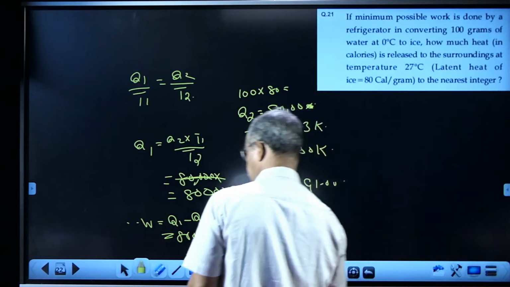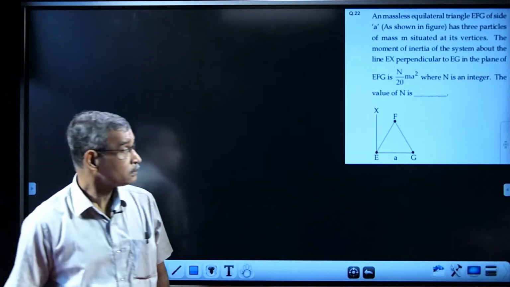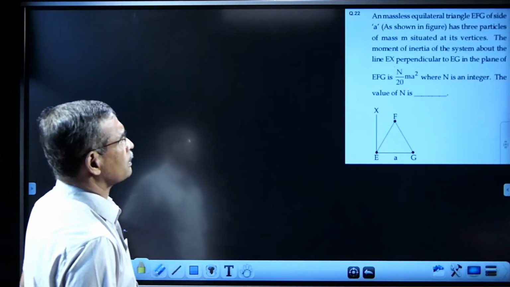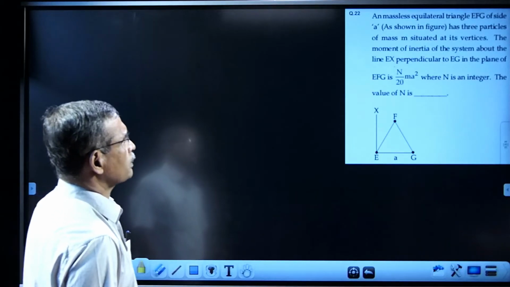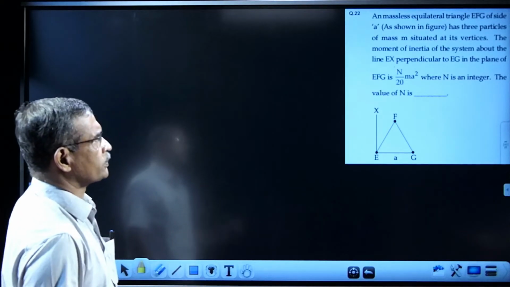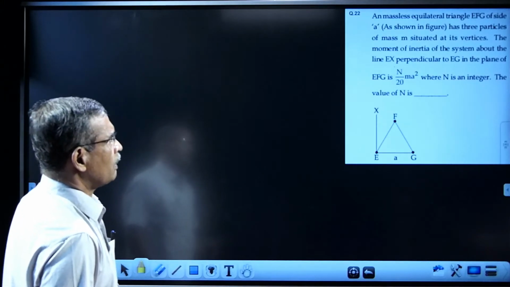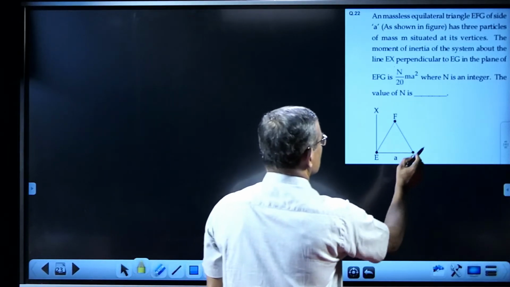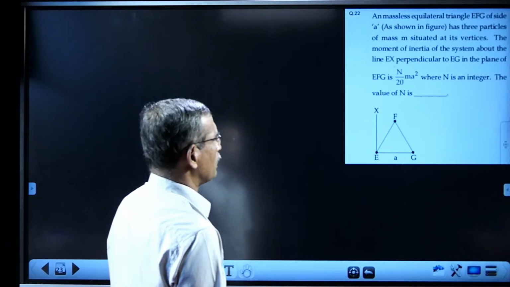Next, a massless equilateral triangle, side a, has 3 particles of mass m situated at the vertices. If the moment of inertia of the system about this axis is n by 20 m a square, where n is the integer, then what is the value of n?